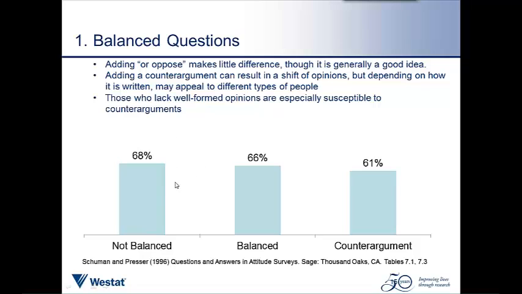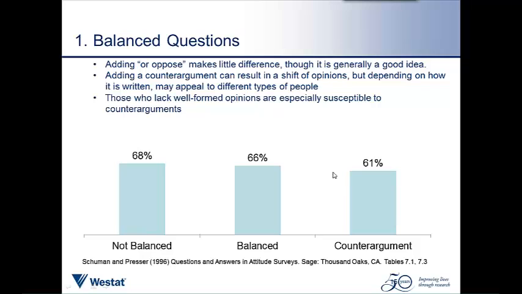So the researchers, Schuman and Presser, conclude that it really doesn't make that much of a difference data-wise to balance the question, but it's generally a good idea to present the other side of the issue when you're asking these questions. Again, adding the counter-argument can result in a shift of opinions, but it could be that it's appealing to different types of people.